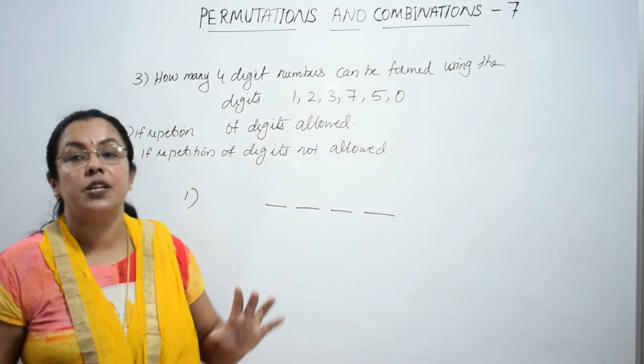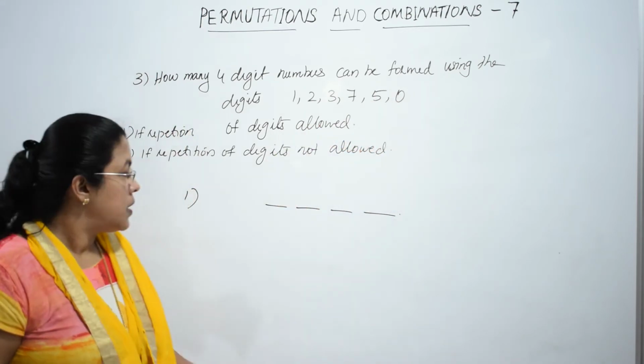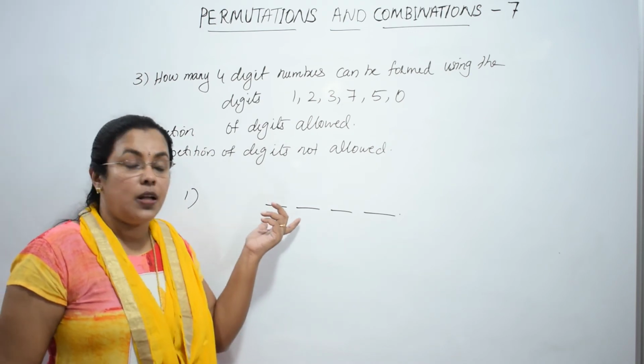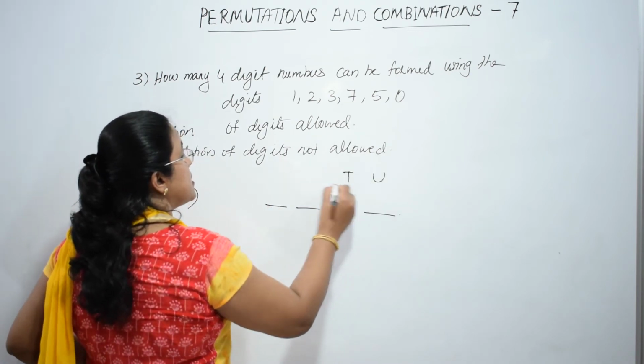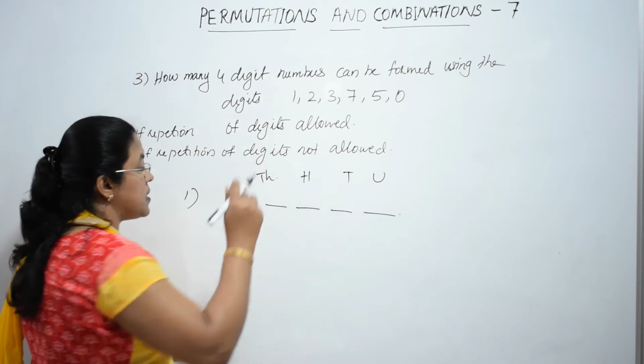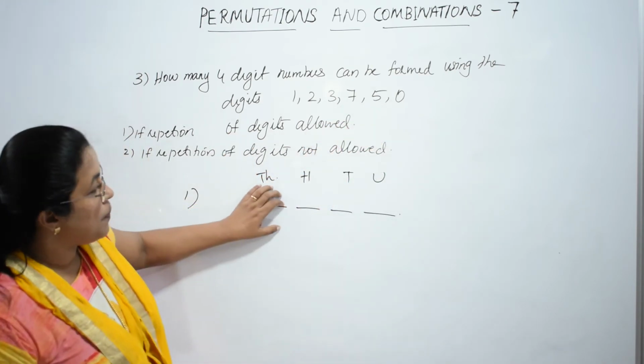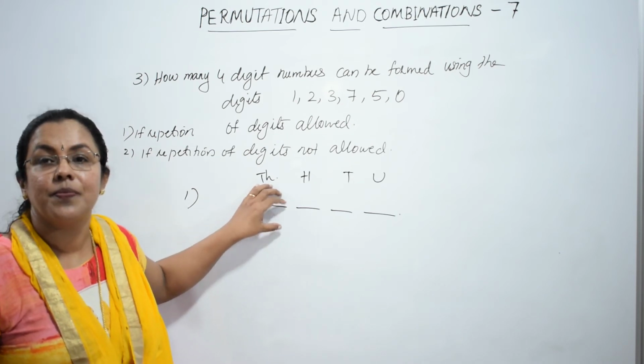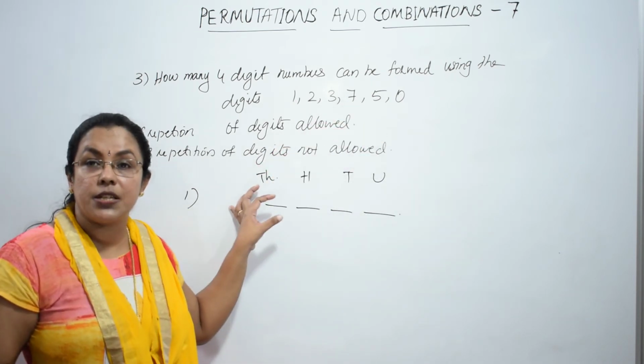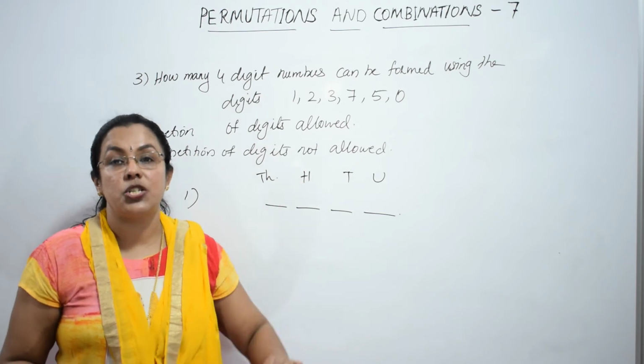If repetition of digits is allowed. This is the unit, tens, hundreds, thousands place. If we fill thousands place using 0, it becomes a 3-digit number. Indirectly, a condition is there.